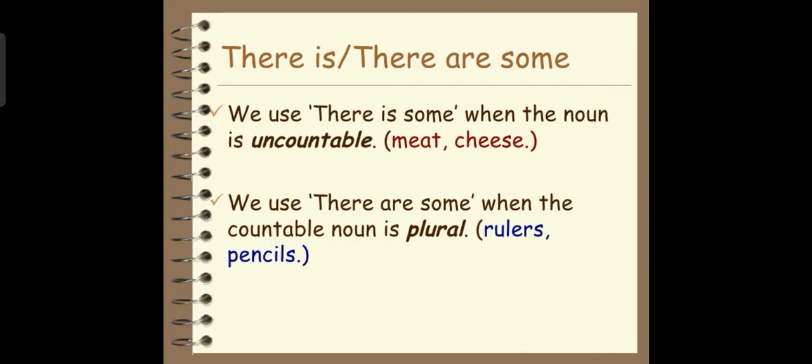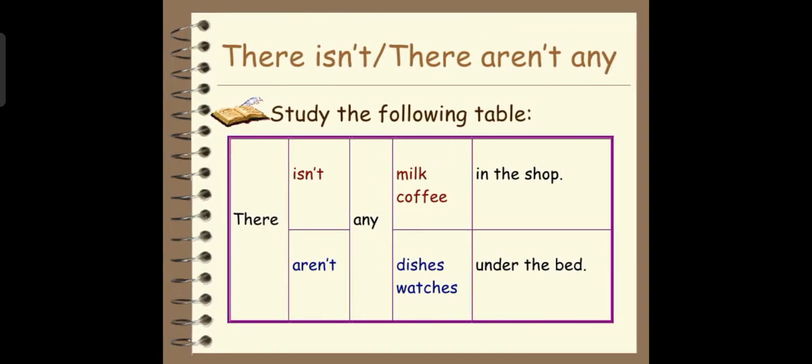But rulers and pencils, we can count one ruler, two rulers, pencils. So when we are making a plural, we use there are some when the countable noun is plural. जब countable noun plural हो जाती है, then we use some before it. Like there are some rulers, there are some pencils.